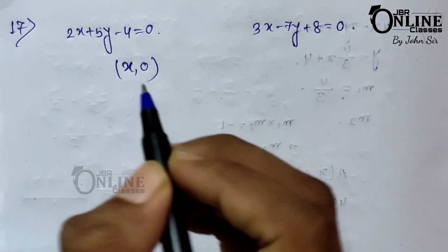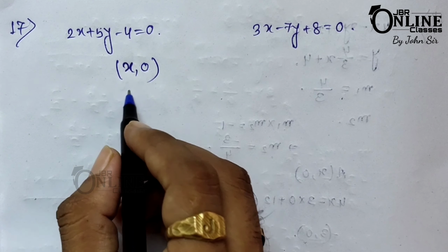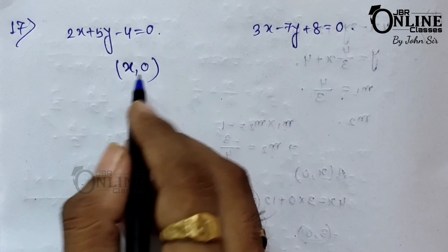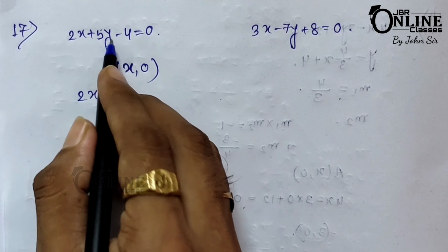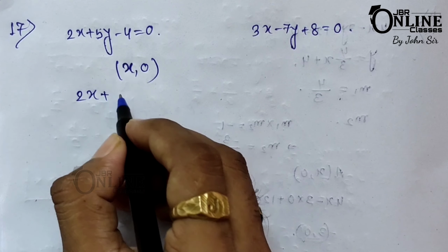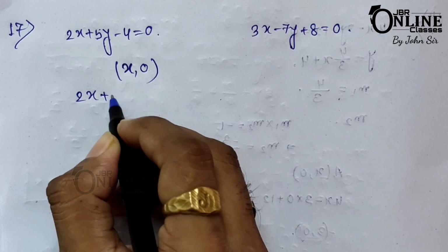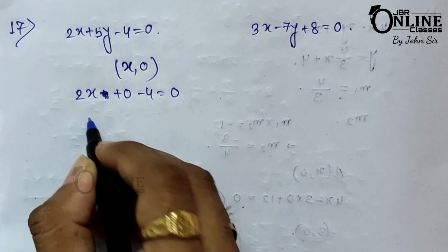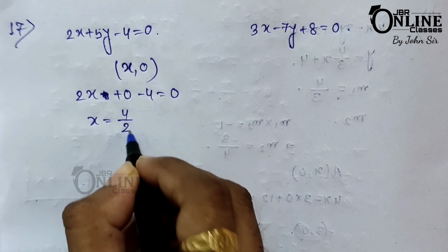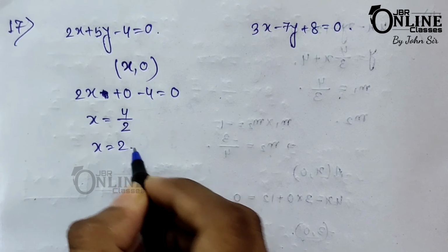So that is the let point. Now substituting the value of y in the equation, you can easily find out the value of x. So 2x plus 5 into 0 minus 4 equal to 0. So from that x equal to 4 by 2, then x equal to 2.